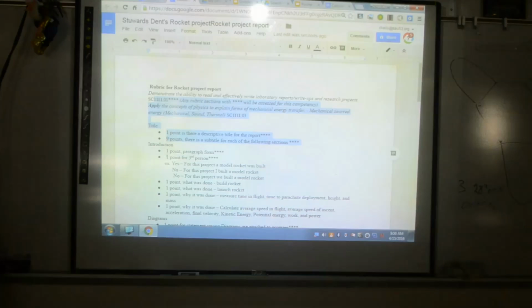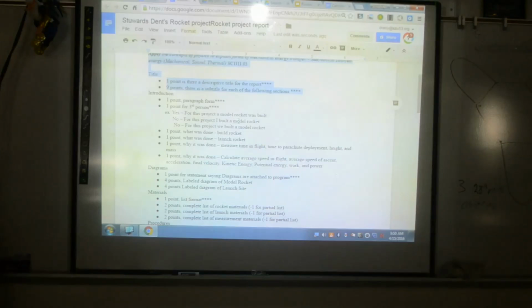Our introduction, first of all, needs to be in a paragraph form. Second of all, needs to be in third person. So you're not going to have, I built this great rocket project, or we went along and made a rocket. It has to be in third person. So something like, for this rocket project, a model rocket was built. Then you want to say why it was, what you did. Basically, it was built.